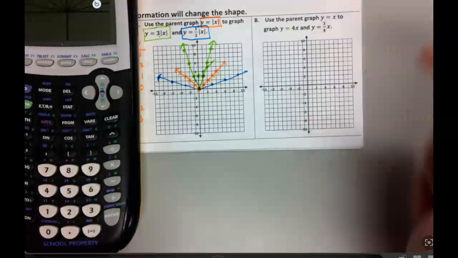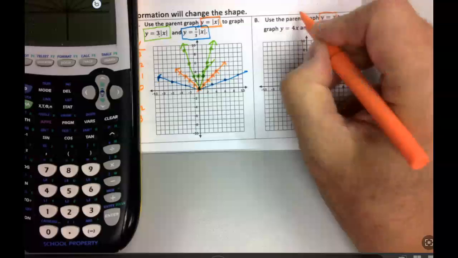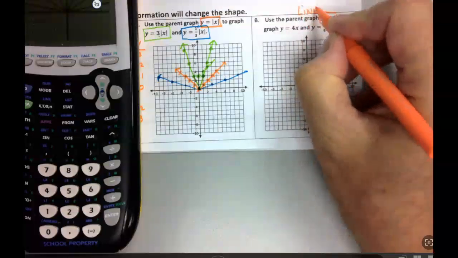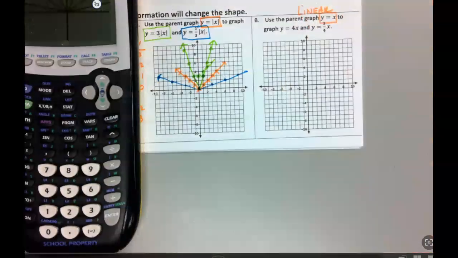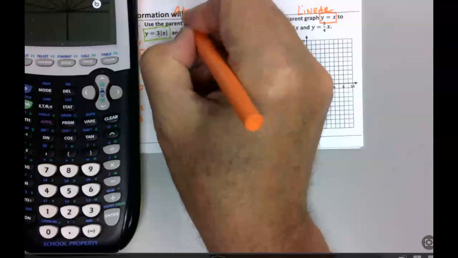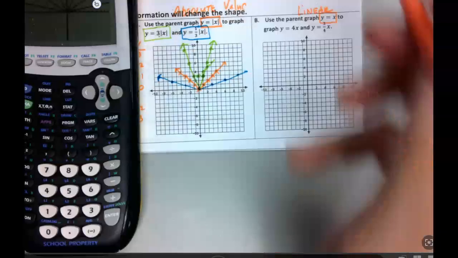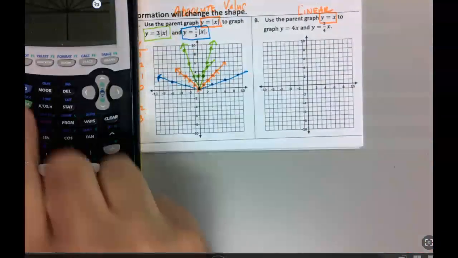Okay, let's do a line. This is linear, right? This one here was an absolute value function. Now let's do these other ones. So let's clear this thing out.